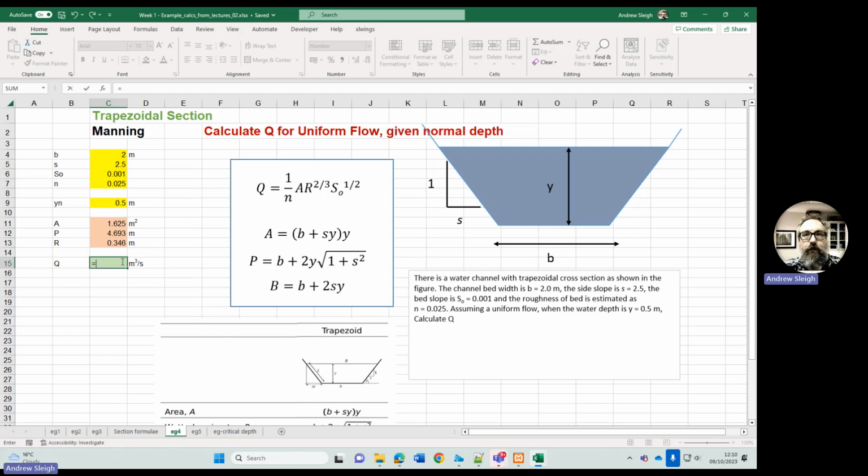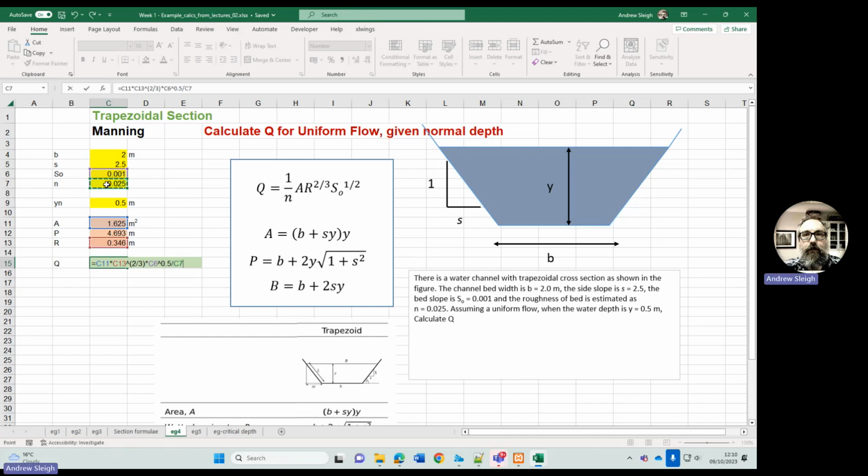Q is just this formula typed in, and I'm going to type it differently this time: A times R raised to the 2/3 times the bed slope S raised to the 0.5, divided by n.